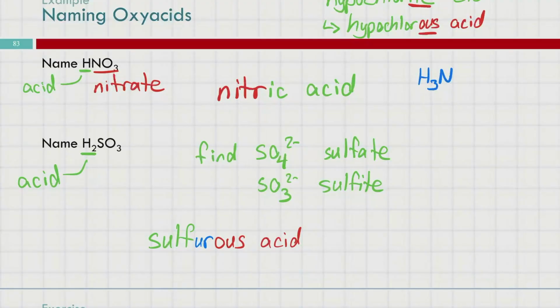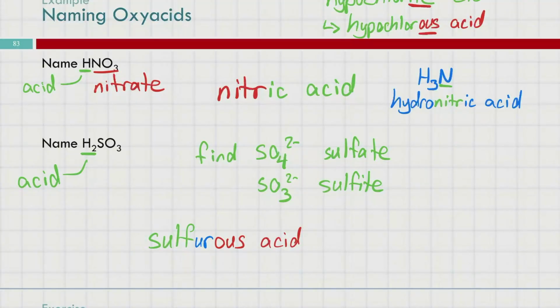Our rule for binary acids, right, we put this hydro at the front. And then we have the base for nitrogen, NITR, and we would change the ending to ic acid.